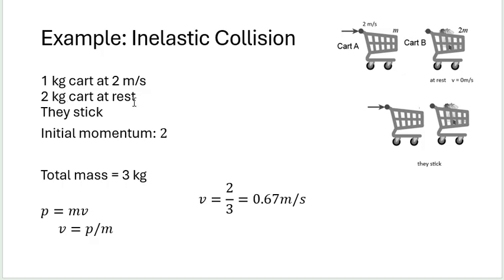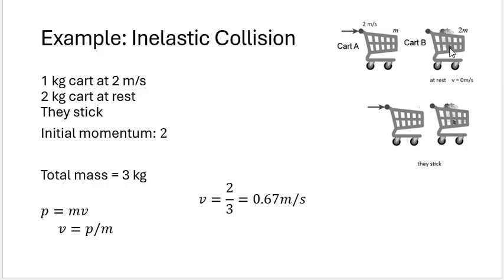The second one is at rest, so its velocity is 0. Your initial velocity for cart 1, or cart A, is 2 meters per second. Your initial momentum is going to be 2, because velocity times mass gives you the momentum. We only have momentum for A, not B, because B is 0.